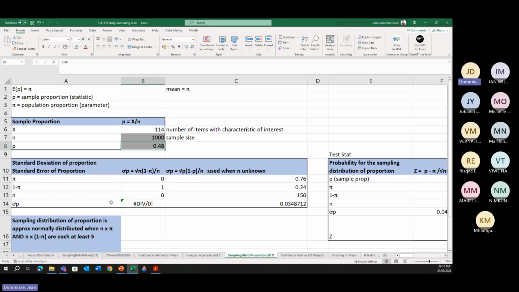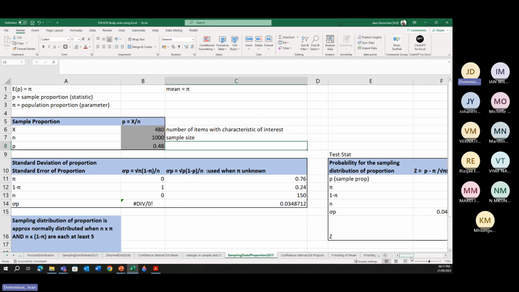Now let's see what else. That one can change back to 480, because that is how we get to the 0.48. They don't need to give you that X was 480; they basically gave you the proportion beforehand already.